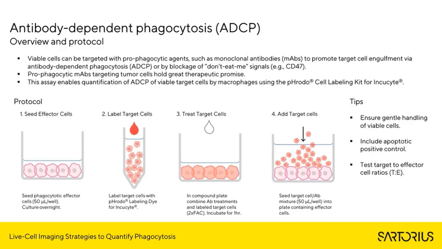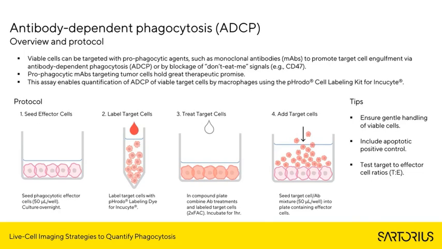Following the labeling of target cells, in a separate compound plate, we can combine these with the antibody treatments of choice. Following the incubation with the antibodies, we can then seed this mixture into the plate containing the effector cells.